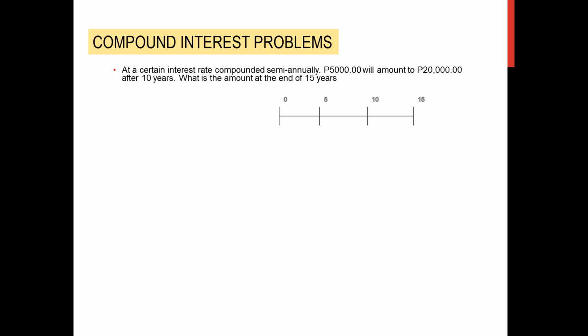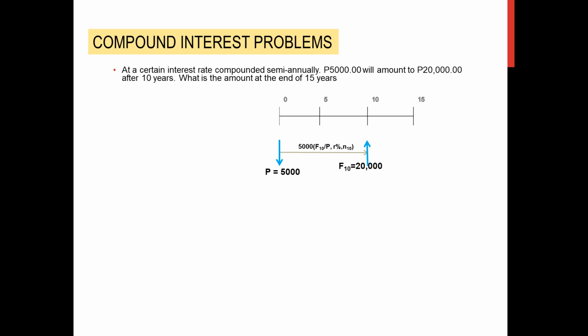So we put that into a cash flow diagram with periods of 5-year intervals here. So of course, at the beginning of the period, there will be a principal of 5,000 and it will amount to 20,000 after 10 years according to the problem. So with that, you can forward 5,000 into the future.